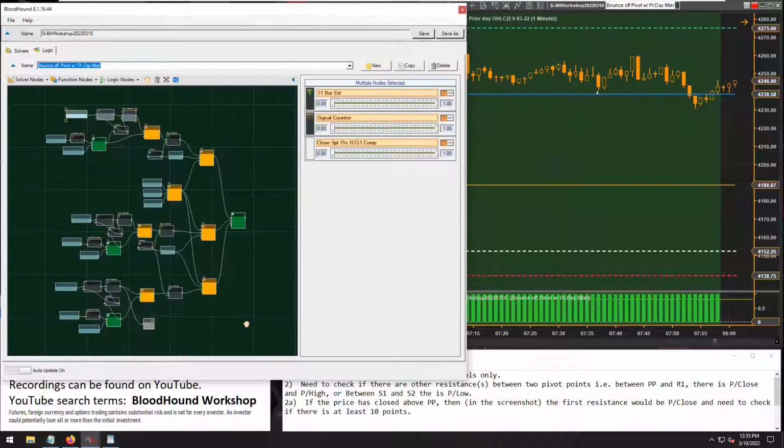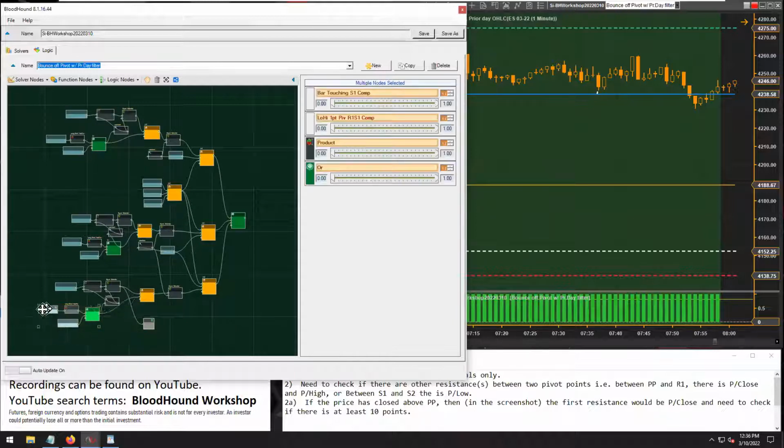So the simple solution is I can take the resets from, actually, I'm sorry, I would take the resets from R1 and feed them down into the reset for S1 and vice versa.